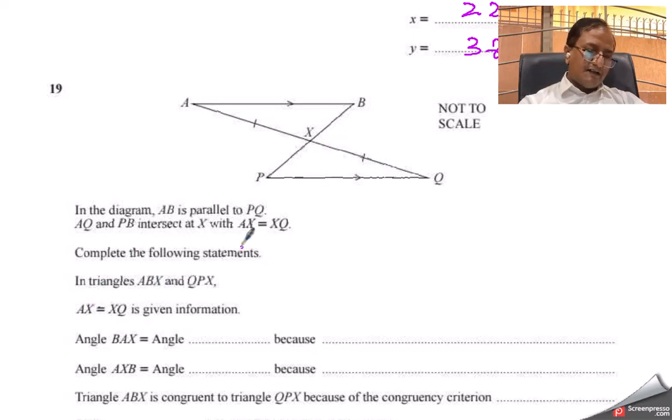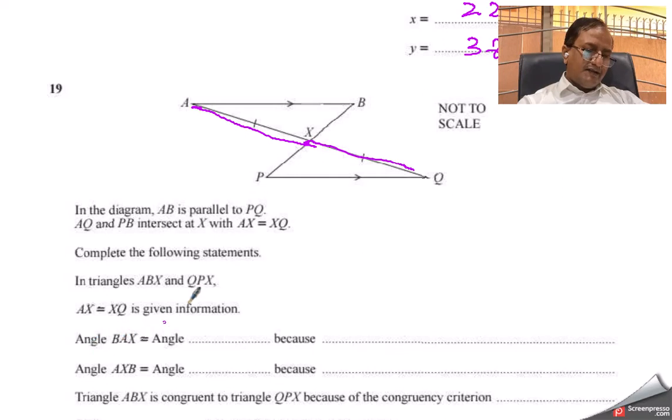In the triangle ABX, for example, and triangle QPX, AX equals QX, or XQ, given.